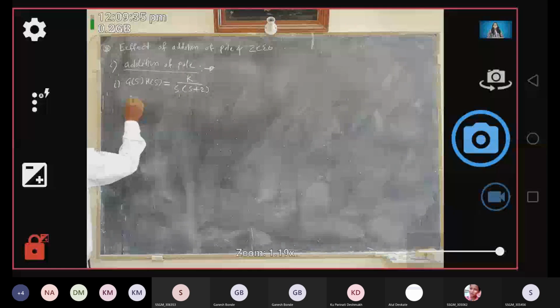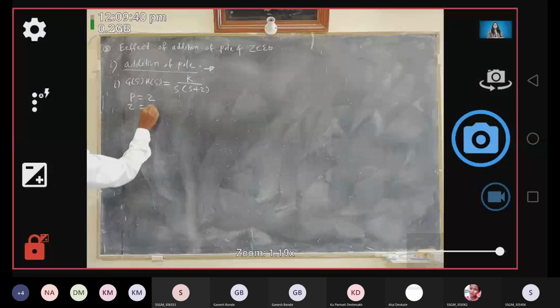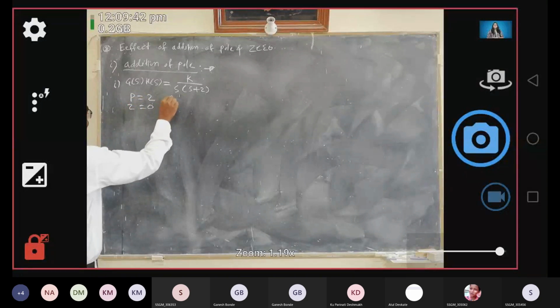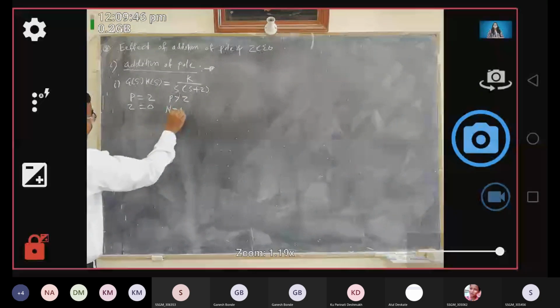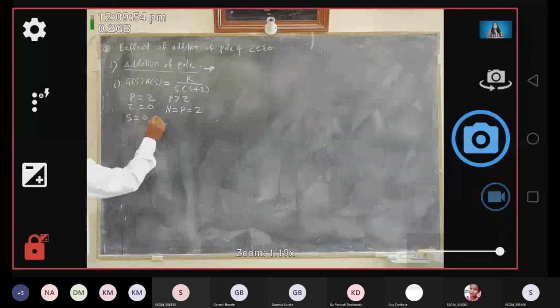First of all, identify the number of poles. Here P is equal to 2, Z is equal to 0. As P is greater than Z, the number of branches must be equal to the number of poles, that is 2. The poles are located at s equal to 0 and s equal to minus 2.